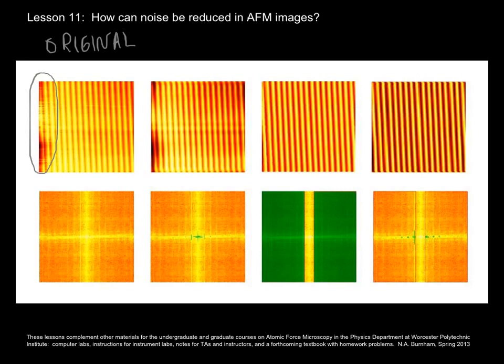This image was taken in contact mode, and contact mode is subject to friction, such that when an image starts up, the cantilever twists due to friction, and this is called a startup artifact. So for purposes of display, we want to get rid of that startup artifact, and it's a pretty strong signal.